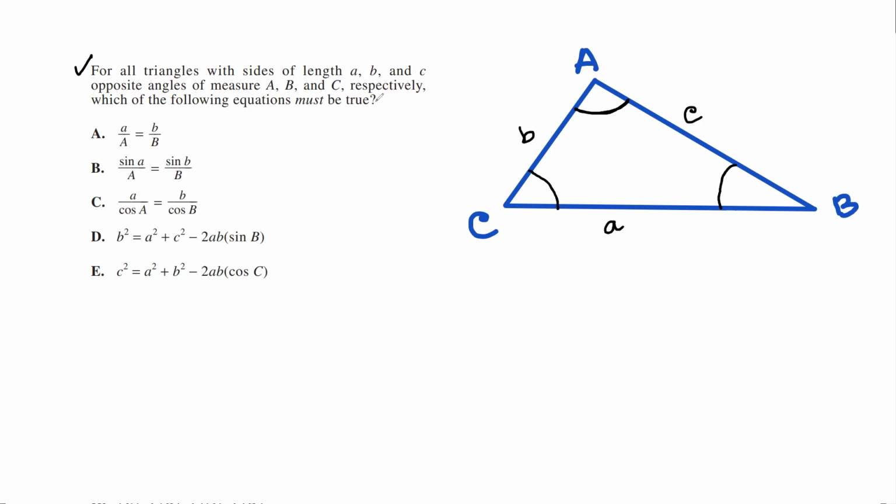Well, for this triangle, if I want to write the sine law, what is the sine law? How to write the sine law? We will consider, let's say, I'm starting with this side length a.